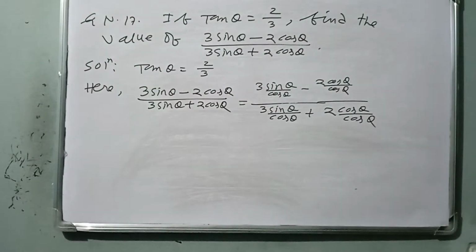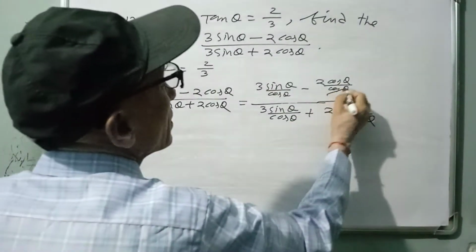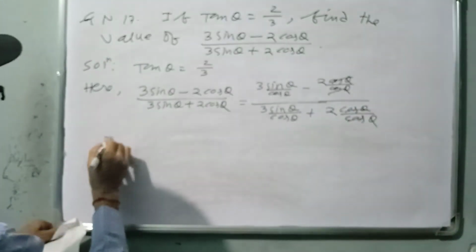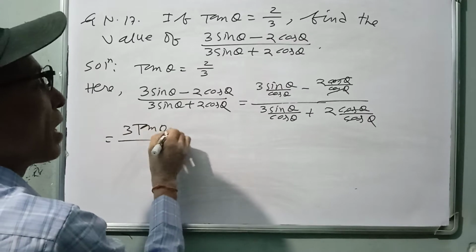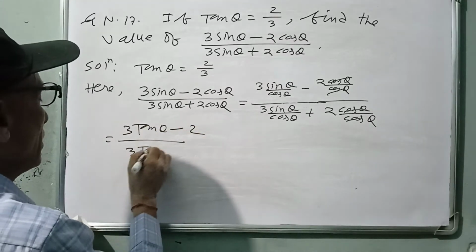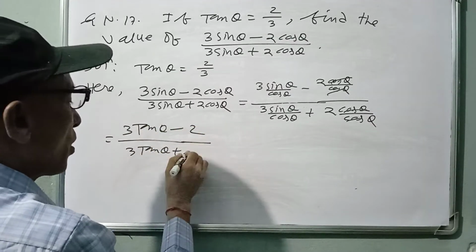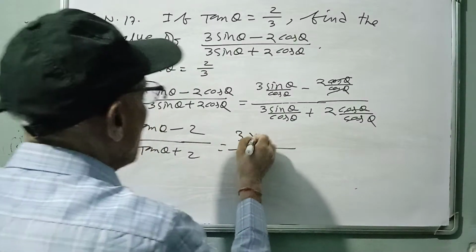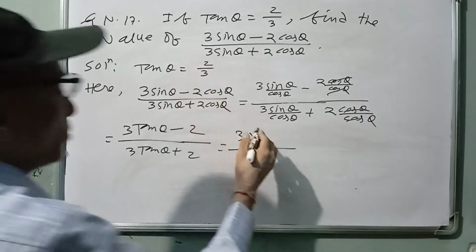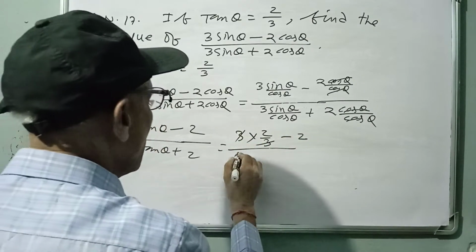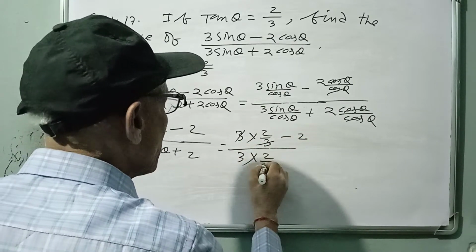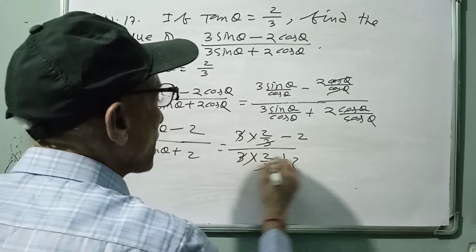Dividing numerator and denominator by cos theta, we get 3 tan theta minus 2 upon 3 tan theta plus 2. What is the value of tan theta? 2 by 3. So 3 times 2 by 3 minus 2, the 3s cancel; 3 times 2 by 3 plus 2, the 3s cancel.